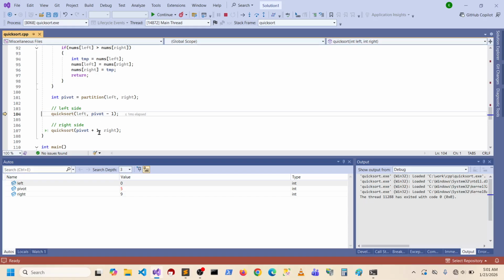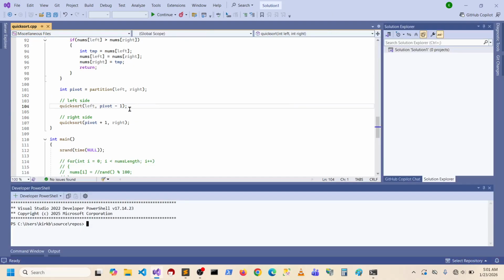But then pivot plus 1 is wrong. This should actually be, because we're starting from that. Whoops. So that should be there. Where's my keys at? Dang it. There you go. So I'm thinking that's the right way.